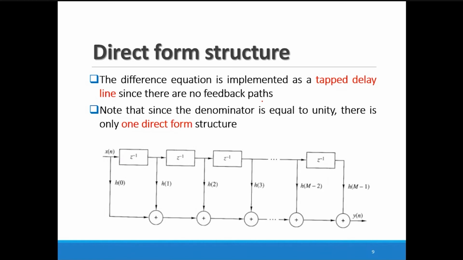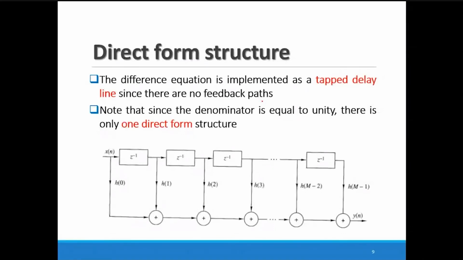But when we study the IIR filter, as the numerator and denominator parts are both available, either we implement the numerator first and then the denominator, or we change it to first the denominator and then the numerator. Based on that, two types will occur: the direct form 1 or direct form 2 structure.